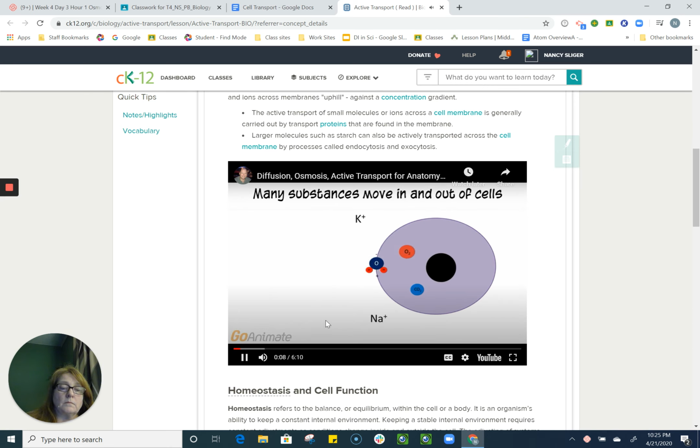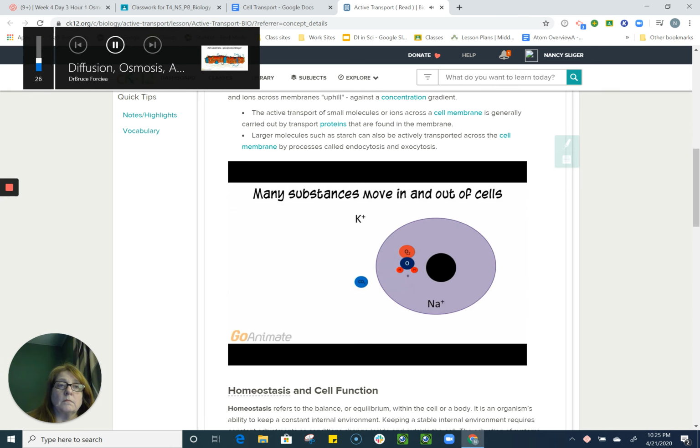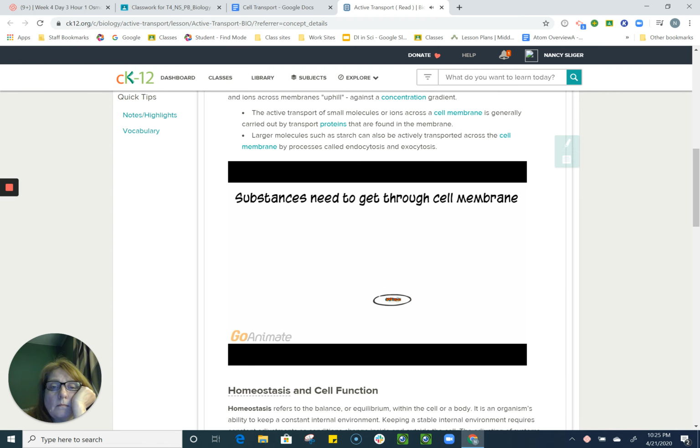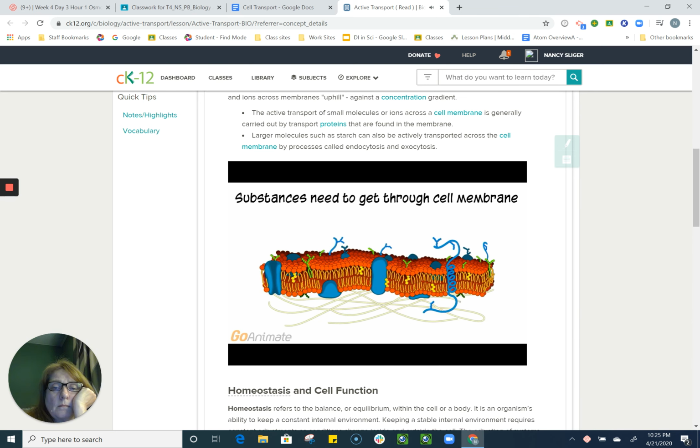Many substances move in and out of cells. In order to get substances into or out of the cell, they must get through the cell membrane. Let's take a closer look at the cell membrane. The cell membrane consists of a phospholipid bilayer.